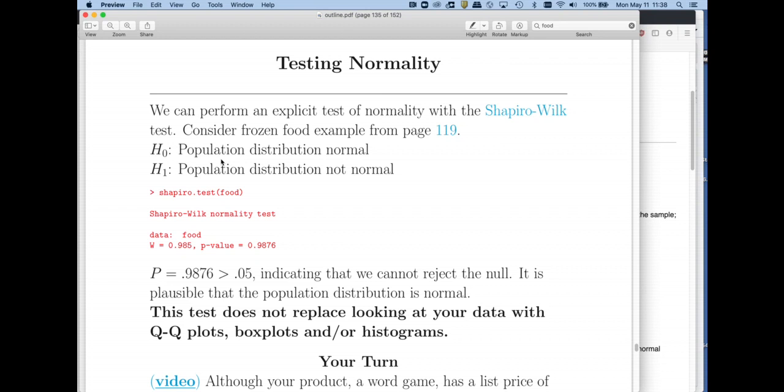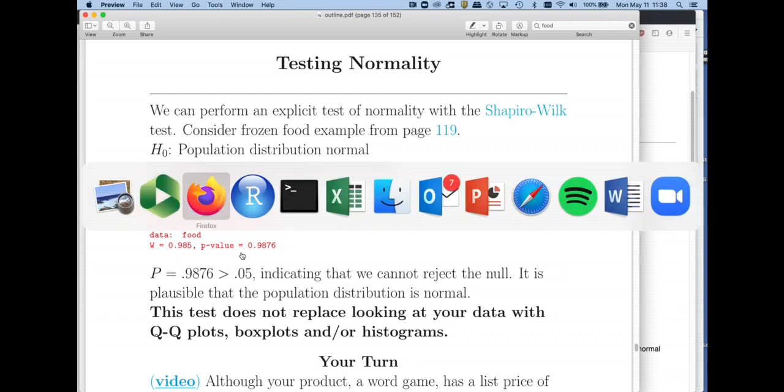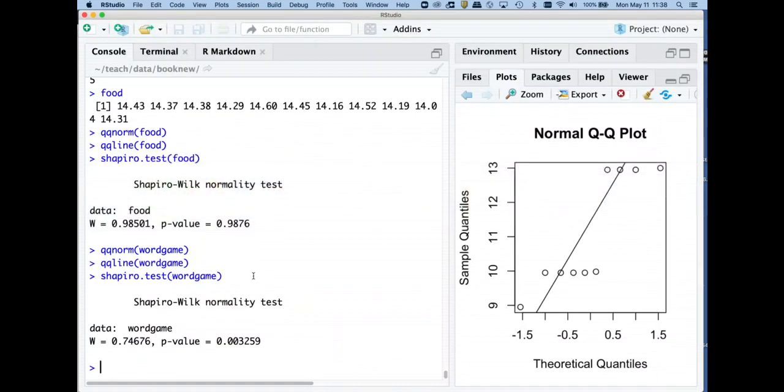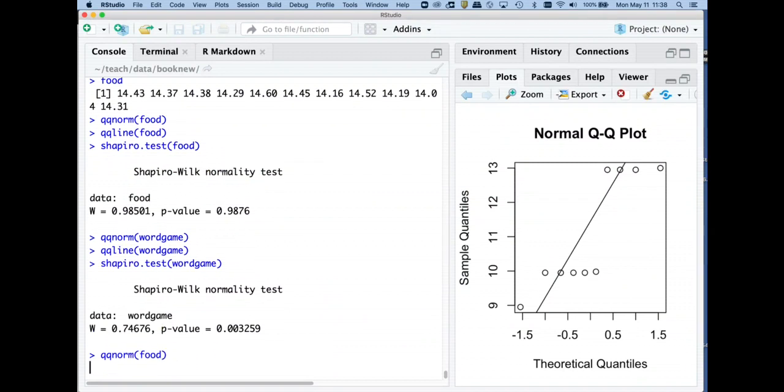In R, there's a function called shapiro.test that gives us the test statistic. Let's jump over to R, and I'm going to look at a QQ plot for the frozen food data that we had earlier.